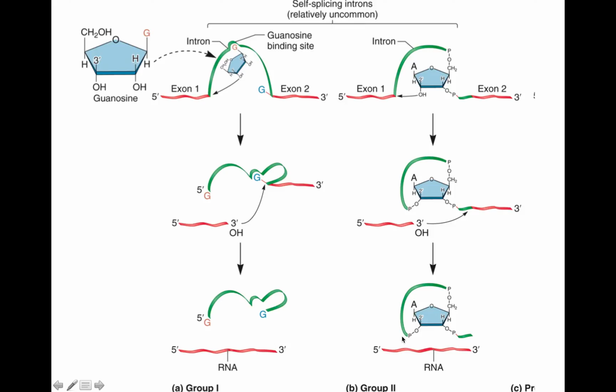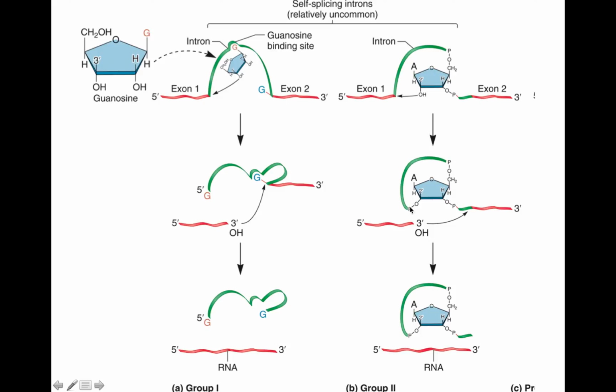This group 2 splicing mechanism is very similar to what goes on in most eukaryotic messenger RNAs in higher eukaryotes. So one of the first things that happens in the splicing reaction is that a central adenine attacks a nucleotide over here and makes what's called a lariat structure.